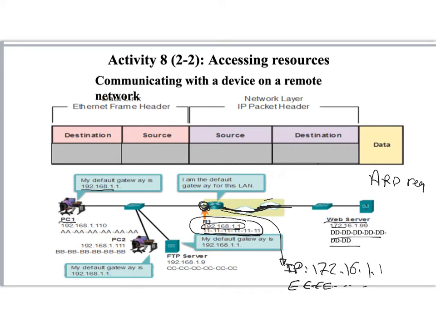So what is the destination physical address? All ones. Anyone disagrees? This is the physical address of the default gateway because the web server exists on a different LAN. Okay? Type. What is the source physical address? All A's. Yeah.